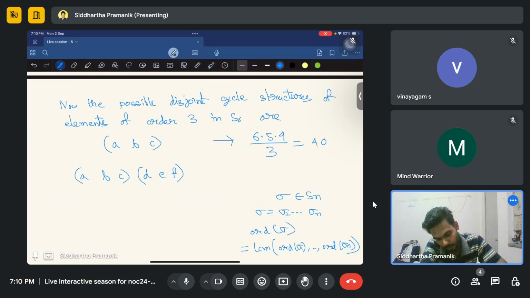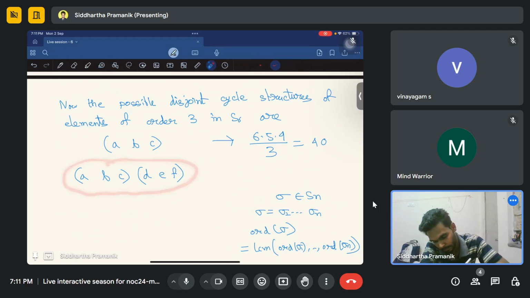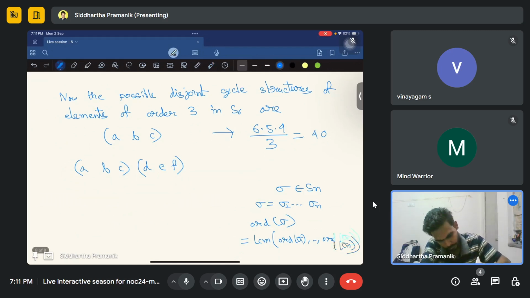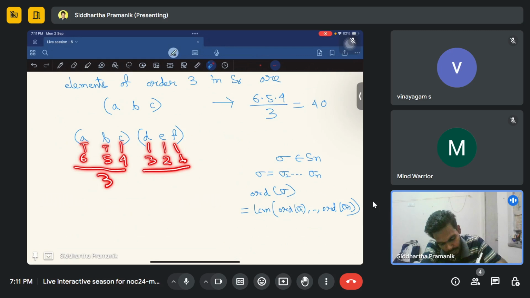Okay. So now the number of elements of this type. Again, A has 6 choices, B has 5 choices, C has 4 choices, and this is a 3 cycle, so we need to divide by 3. And D has 3 choices, E has 2 choices, F has 1 choice. Again we divide by 3 because it is a 3 cycle.